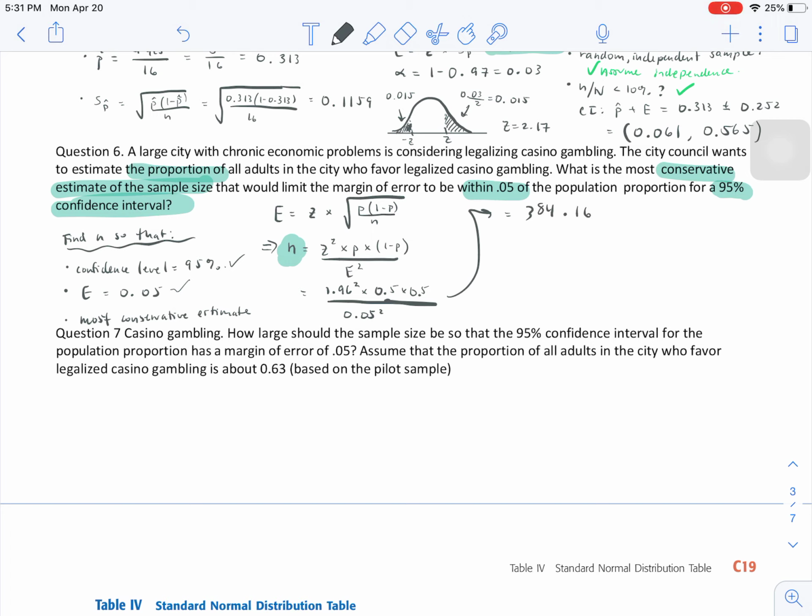Remember, whenever we're dealing with the sample size and number of people, we don't want to use a decimal. We always round up. So we get 385. So we tell the city council, make sure you pick 385 people for your study.